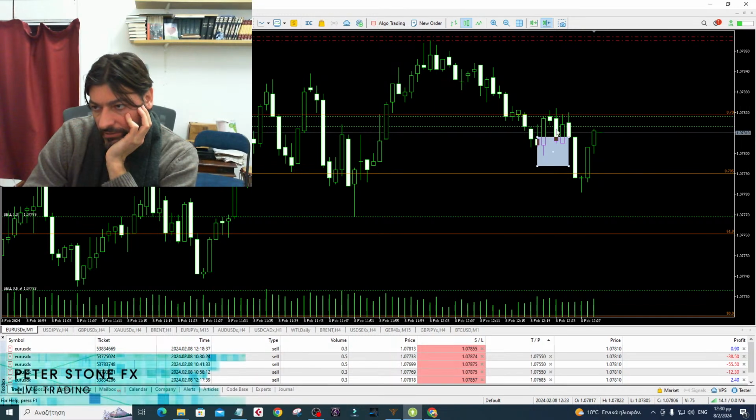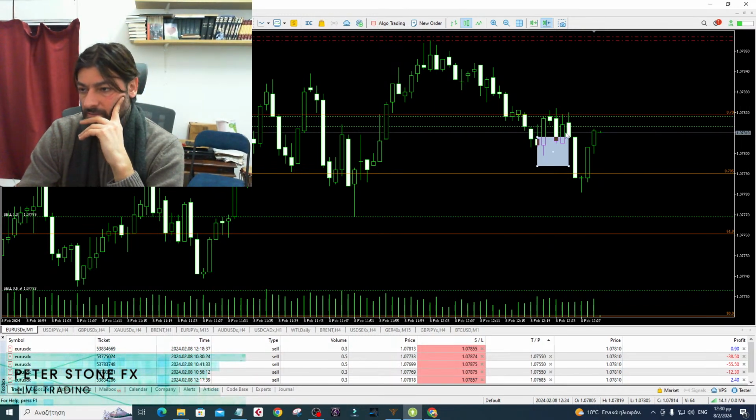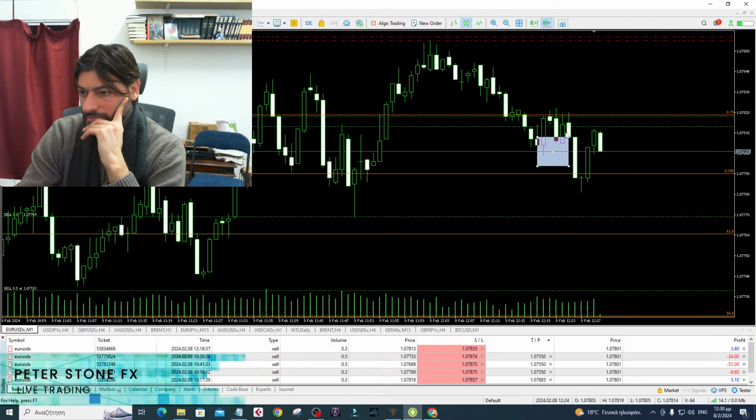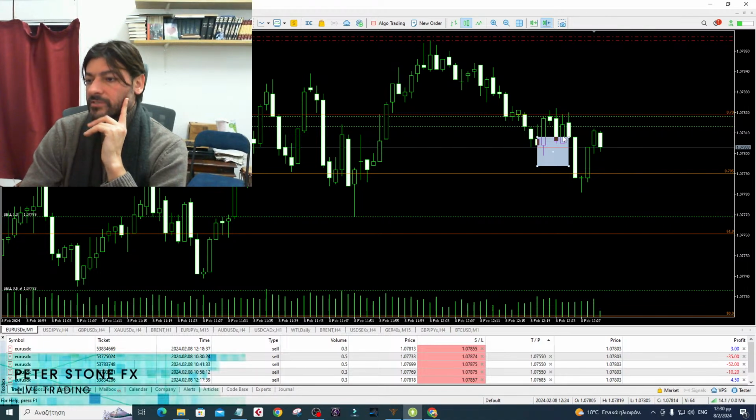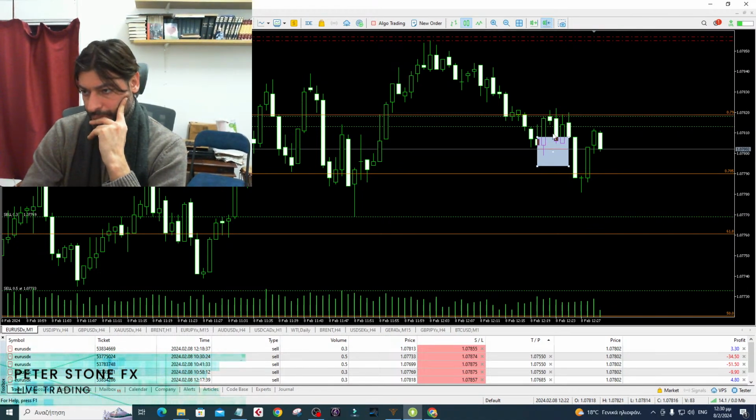Here is the area that shouldn't surpass the price. The price shouldn't surpass it. Okay, now I like this candle very much. Very, very, very much. It means it has a reaction of this resistance area.